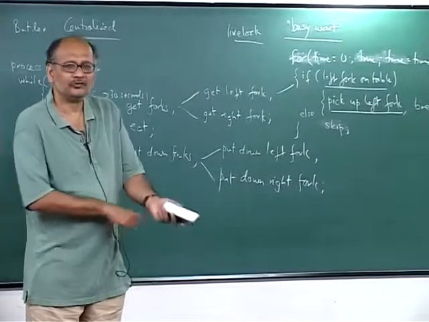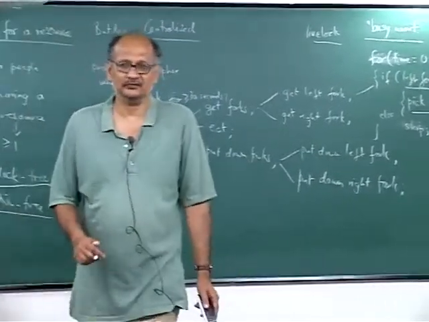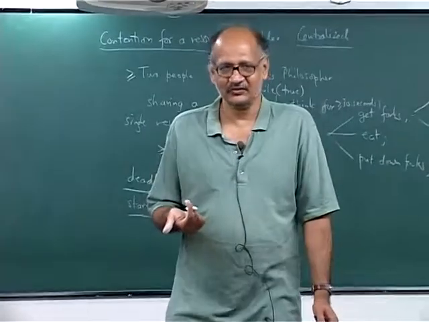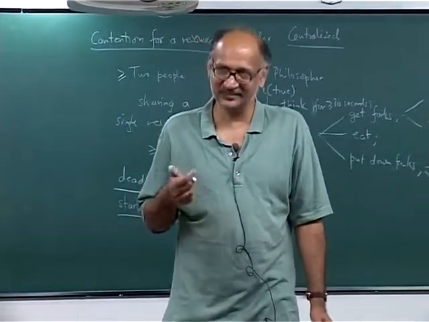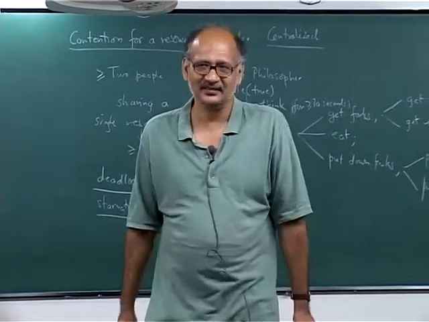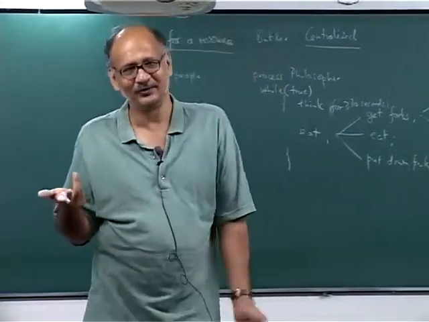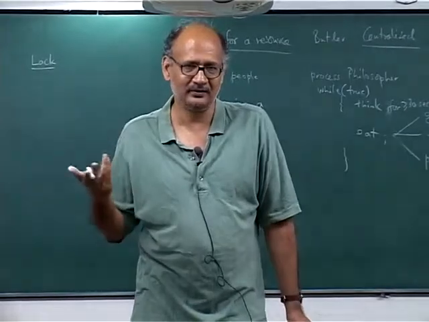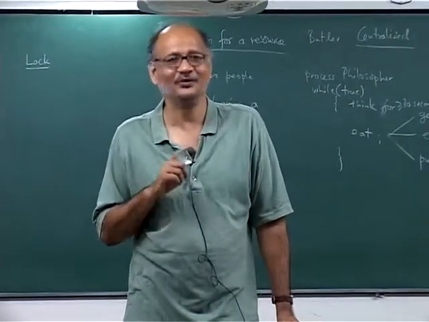I see. So you require a lock which you can lock, which you can unlock, and which you can check whether it is locked or unlocked. You want three things. For instance, if you write your code in Java, Java has a lock, but it doesn't allow you to test a lock.